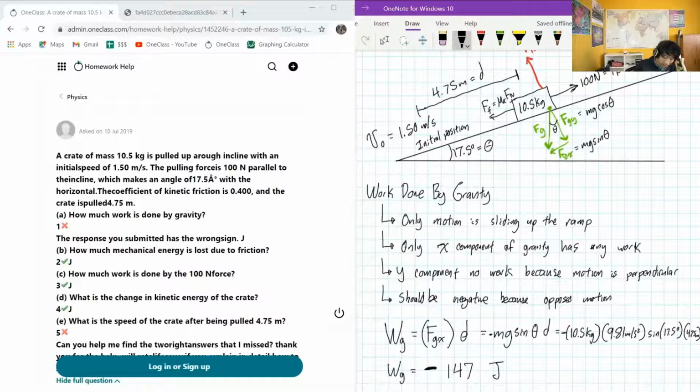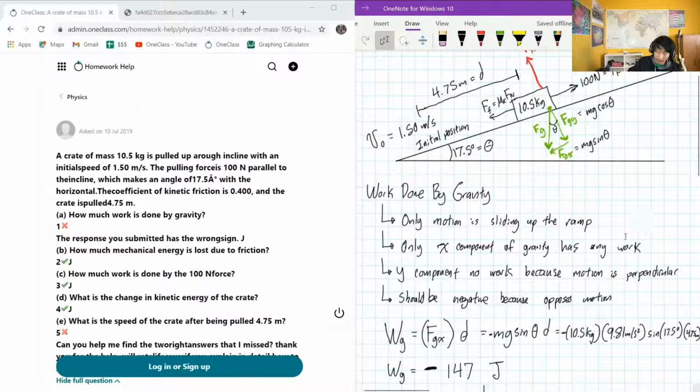It seems that we have been given three significant figures for all of our numbers, so this has to be three significant figures for our final result as well.